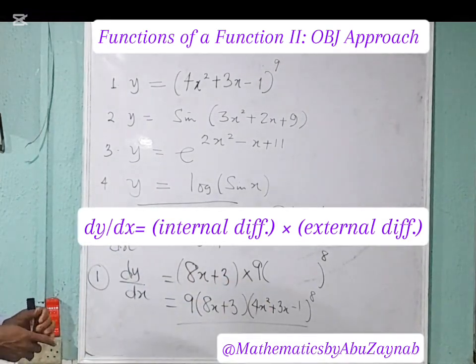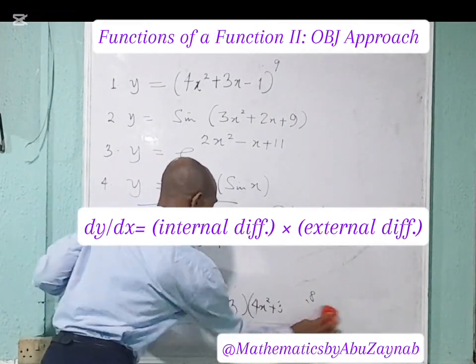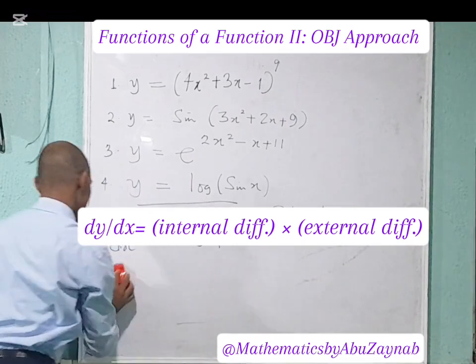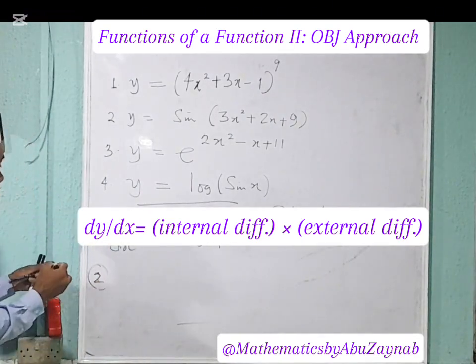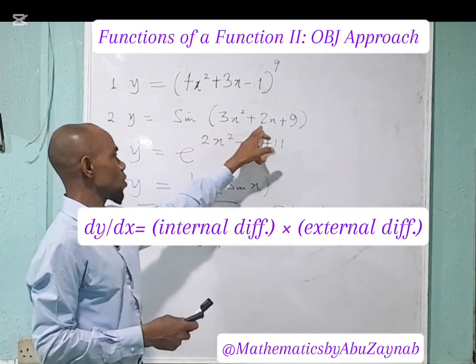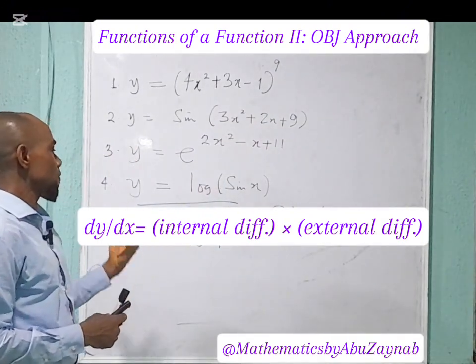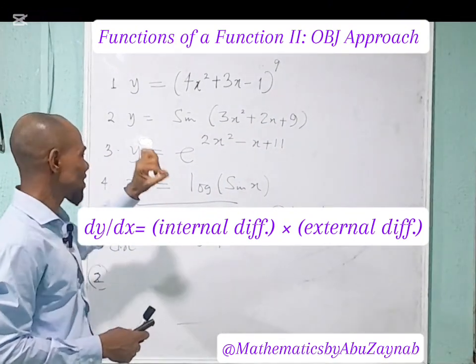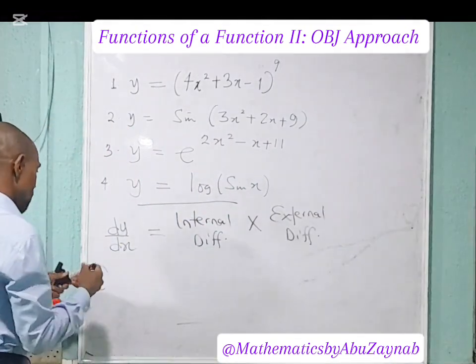Isn't that fun? Let's look at question number 2 and see how the trigonometric aspect plays out. For question 2, we have y equals sine of (3x squared plus 2x plus 9), this being the content of the bracket. For the internal differentiation, we simply differentiate only this content alone.